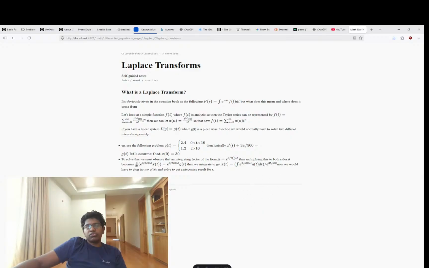So now we're using e to the negative st. There's now an integral.